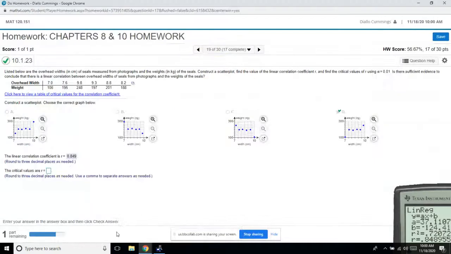So if I go back to our problem, N would be the number of data points. We have 6 data points: 1, 2, 3, 4, 5, 6. So N would be 6. Alpha is 0.01.